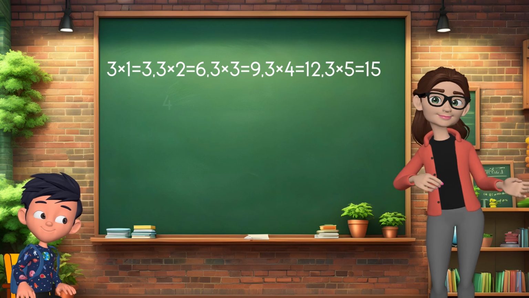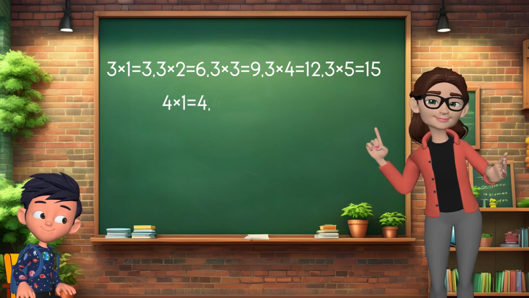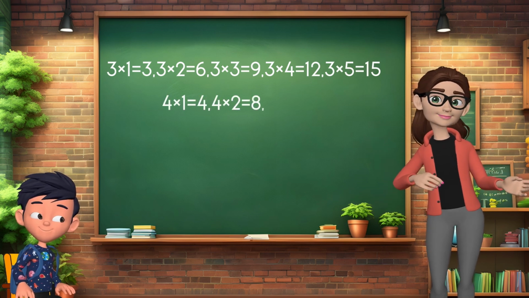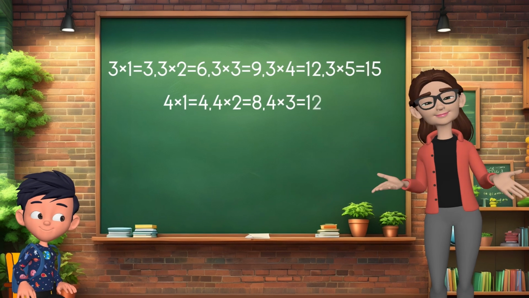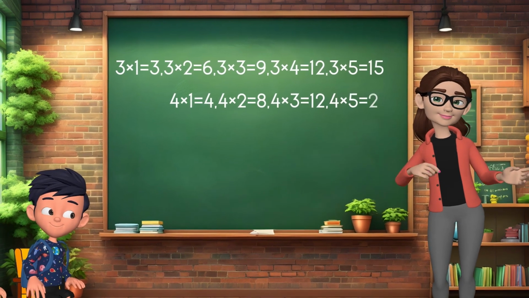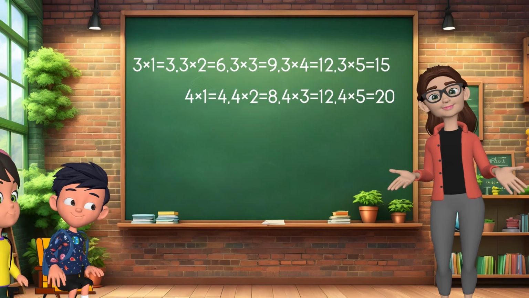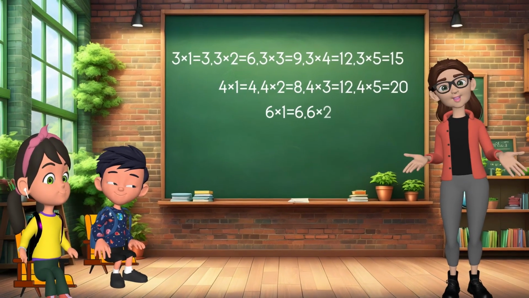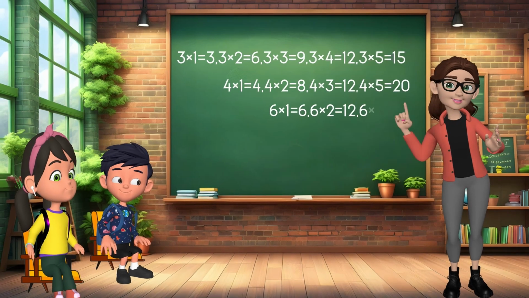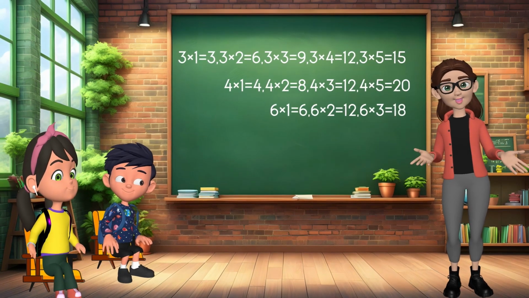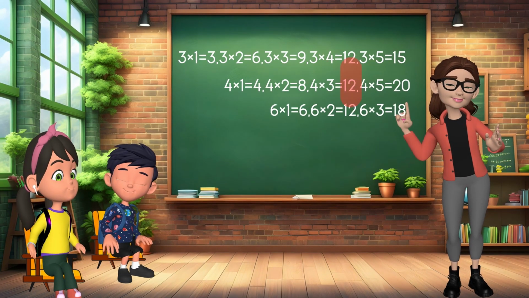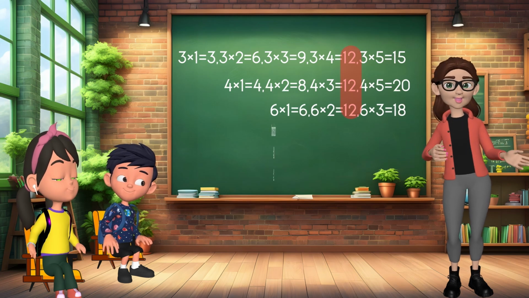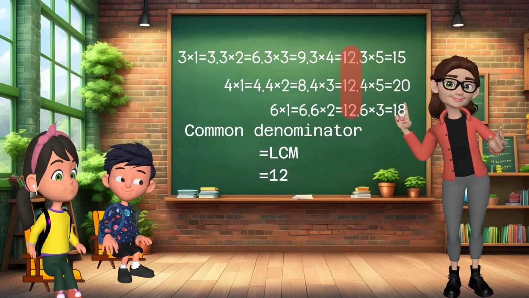Multiples of 4 are 4, 8, 12, 20. Multiples of 6 are 6, 12, 18. Now, the LCM of 3, 4, 6 is 12, and this will be the common denominator of the like fractions.